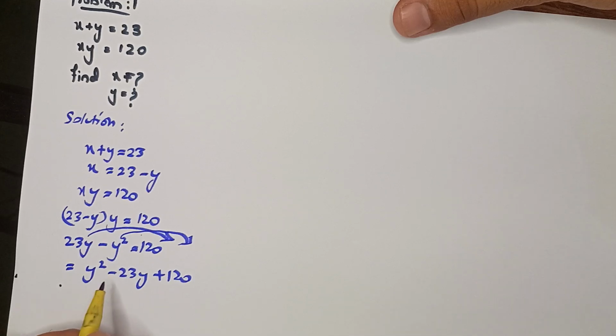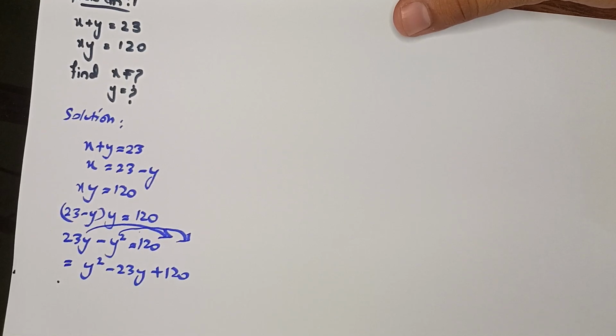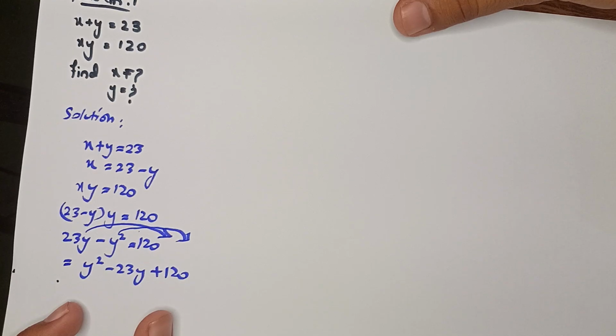Next we have to find the y value and then we find the x value. So how is it possible? We see this is a quadratic equation, and we have to apply a formula. We know the quadratic formula.